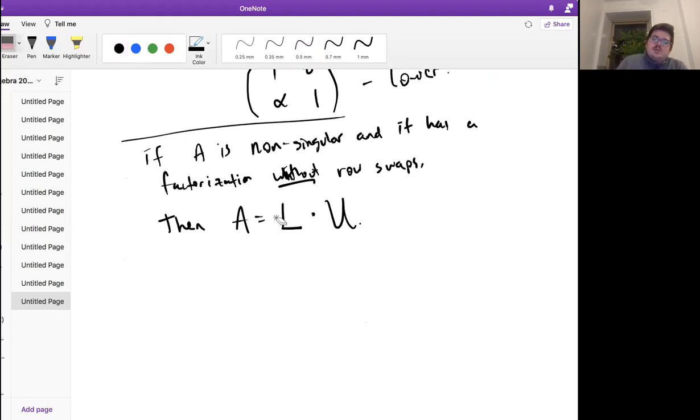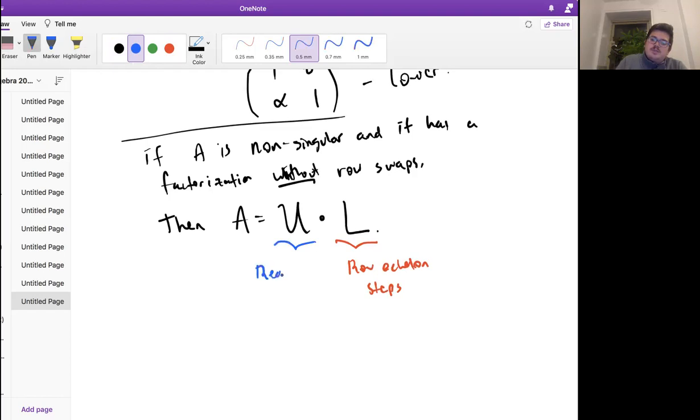Actually, if I do it this way, it might look easier. In particular, these are the row echelon steps. And these are the reduced row echelon steps.